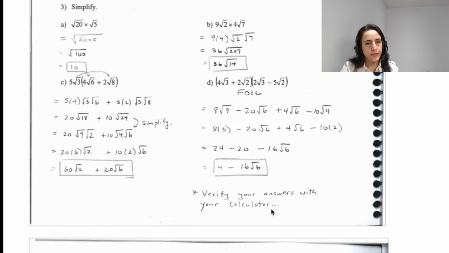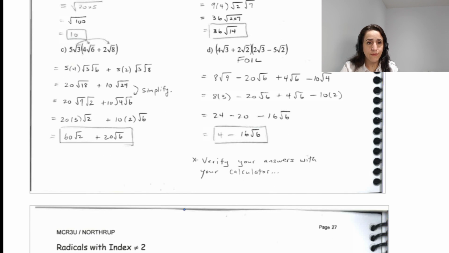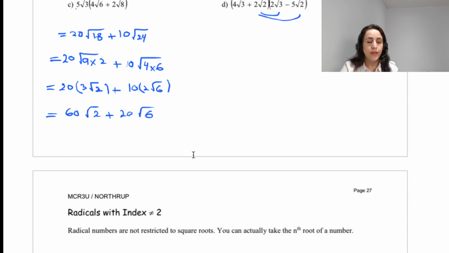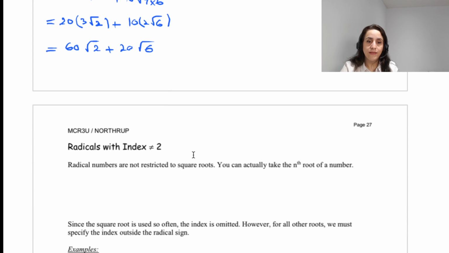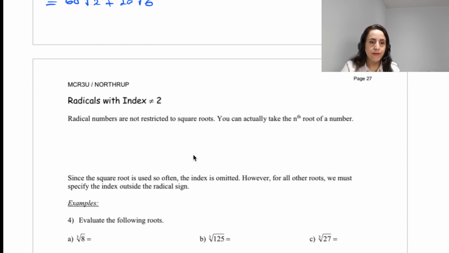Now we are going to the next lesson. A radical is still a radical, but if the index is not 2, the same things that I was just talking about apply. Technically, radical numbers are not restricted to a square root.